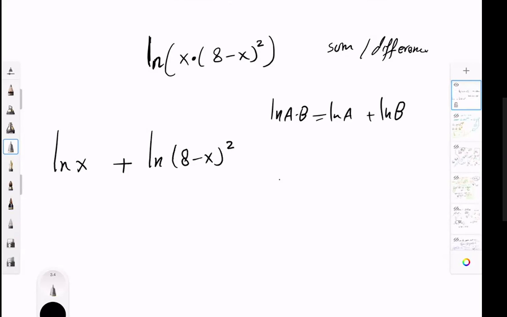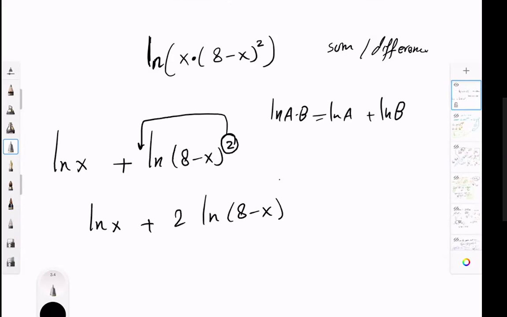Well, this 2 can go over here. It will be ln of x plus 2 ln of 8 minus x. Now we cannot do anything. We made it to a sum.